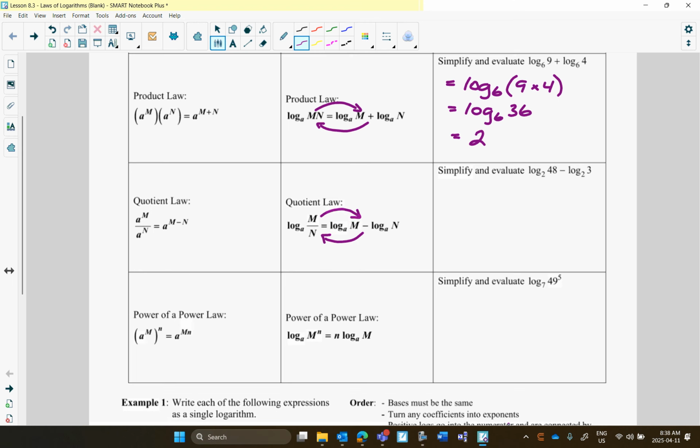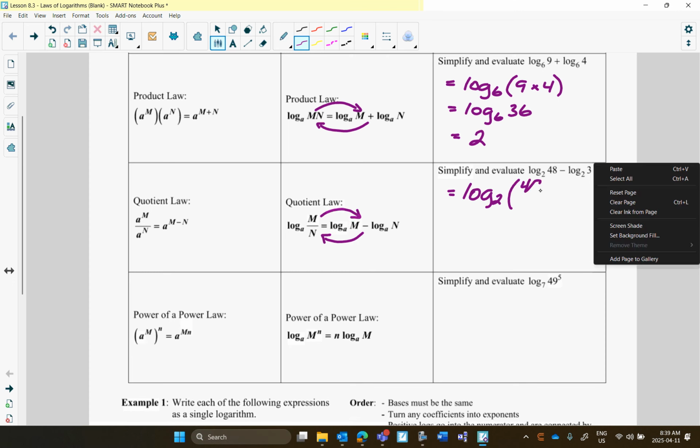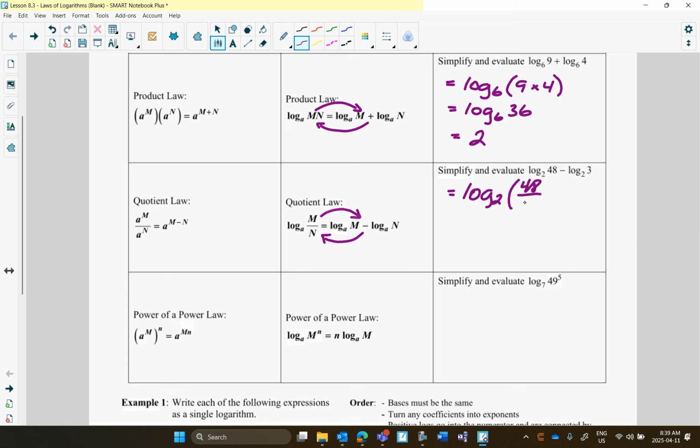If it's addition, we combine it into a multiplication. So this is the same as log base 2 of 48 divided by 3, which is the same as log base 2 of 16, which is what? Again, you're asking yourself, 2 to the what is 16?